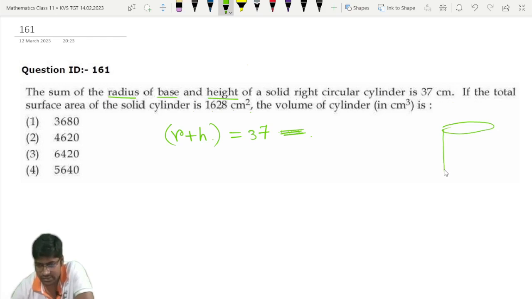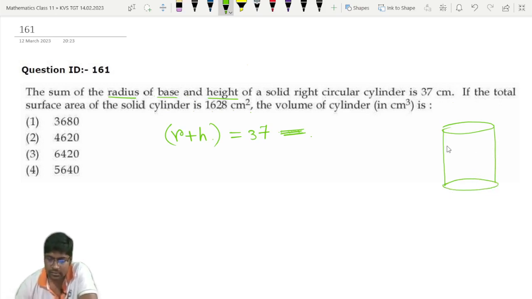Suppose this is the cylinder. Now what will be the total surface area of this cylinder? That is the sum of the lateral surface area and both the surface area of the top and the surface area of the bottom. These two surface areas also we have to add.